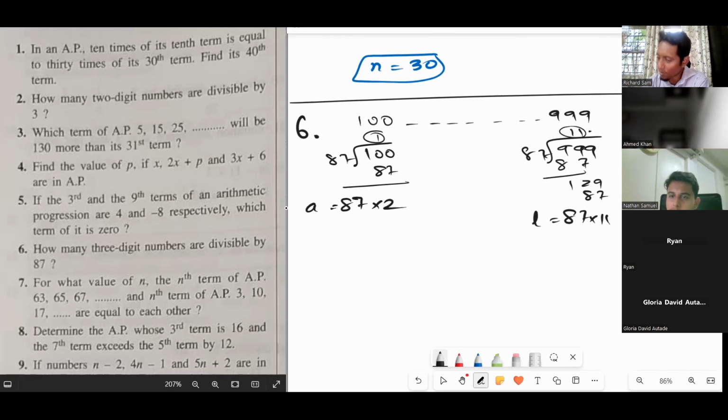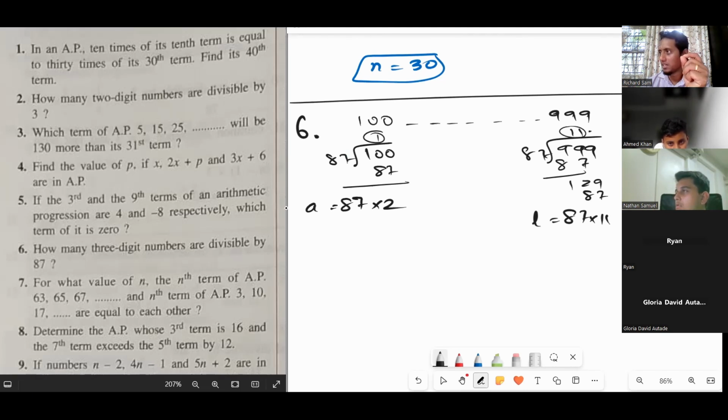We need a number that's smaller than 999, so it is into 11. And for the first number, into 1 point something is that 100, so we need something bigger than that. So it's into 2. We're just getting an approximate idea of 87 into what is the first term and 87 into what is the last term. So 87 into 2 is the first term and 87 into 11 would be the last term.